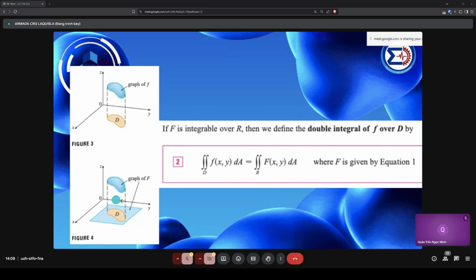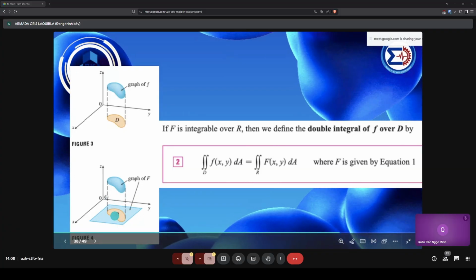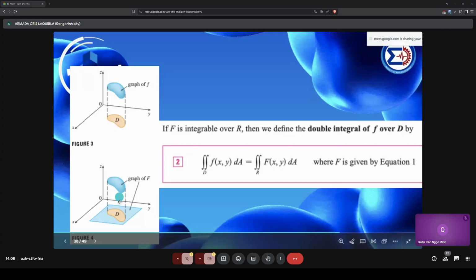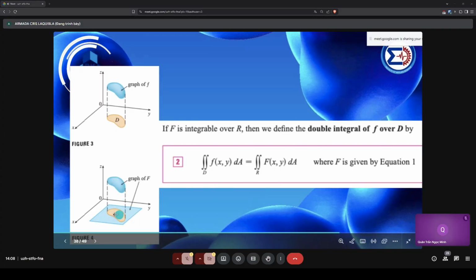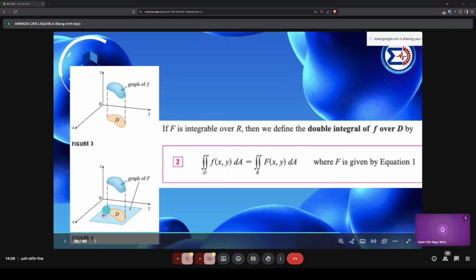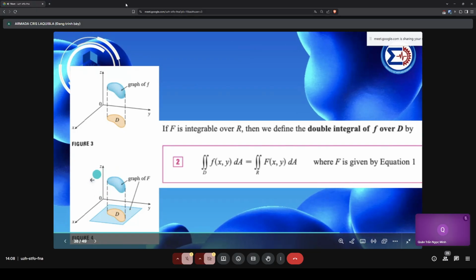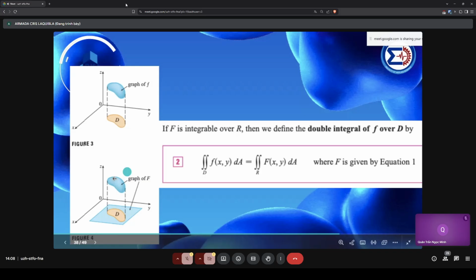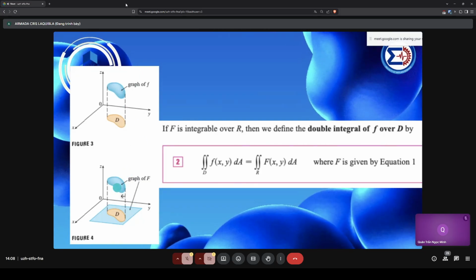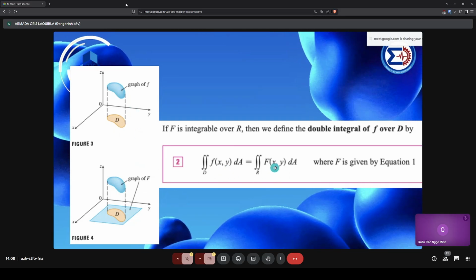So the same graph. Why? Because it will only reflect the graph in the D part. Outside the D, the value is zero, so there are no parts that will be added. So they're just the same. So the double integrals of these two functions are now equal.